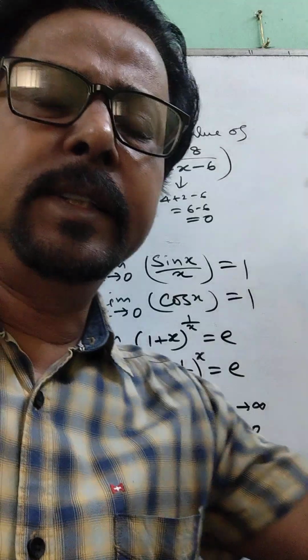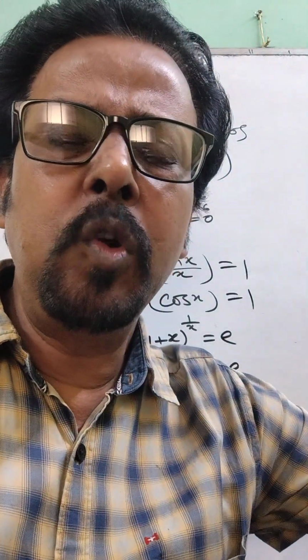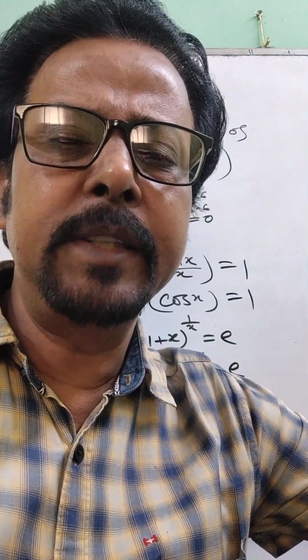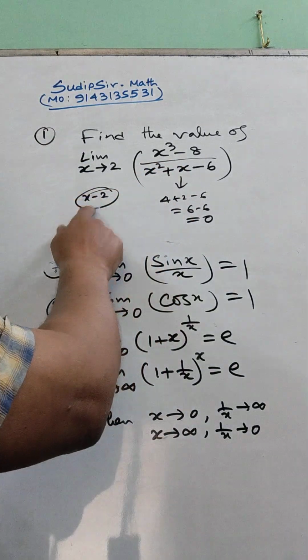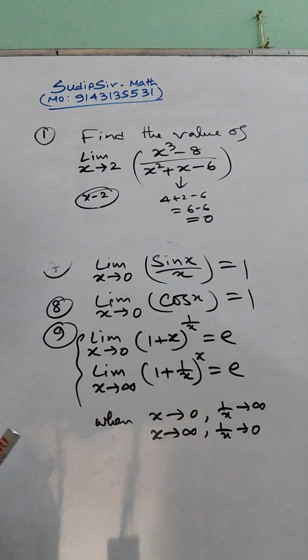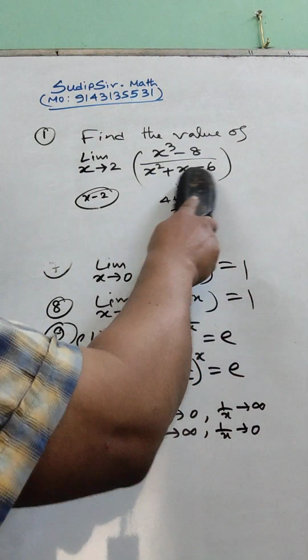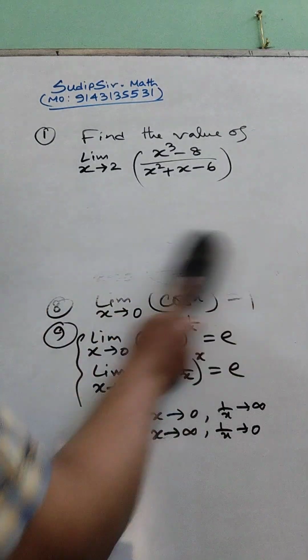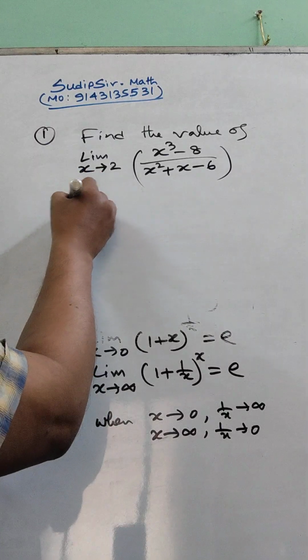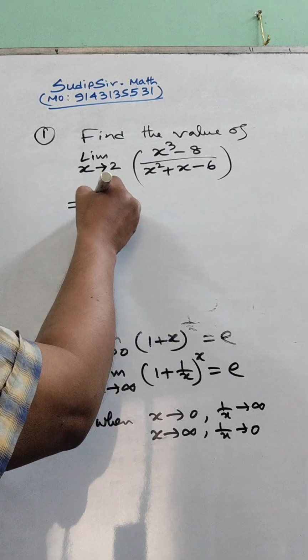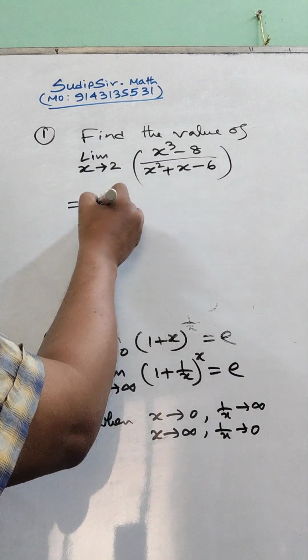Now to find this limit, we have to factorize it, then we can cancel this factor, then we must put the value. So the process is, primarily you have to factorize it.